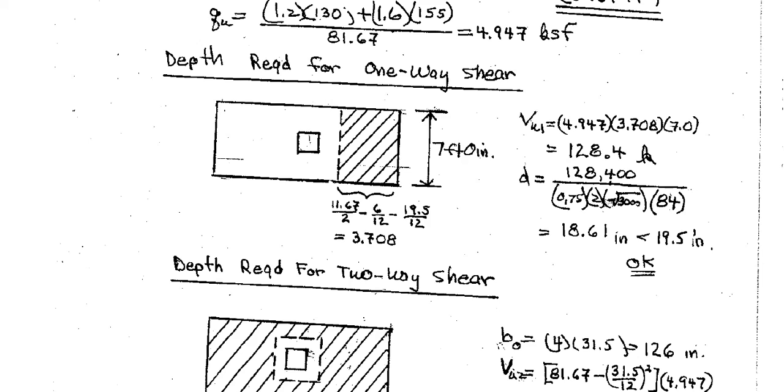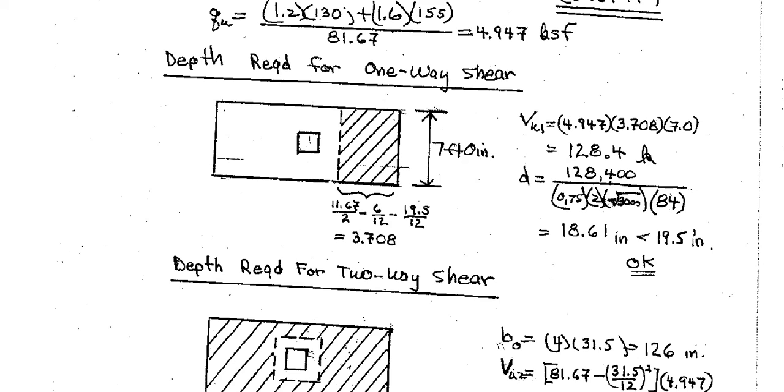This is phi 0.75, 2 square root f'c with 3000 as the concrete strength, and that is the b. Now, as we are assuming 7 feet total, our b is 84. If we assumed a 1 foot strip, then we would use 12 here. So you can see, as we are assuming 7 feet here, our shear force is huge because of a larger area. If we use 1 foot here, it will be less.